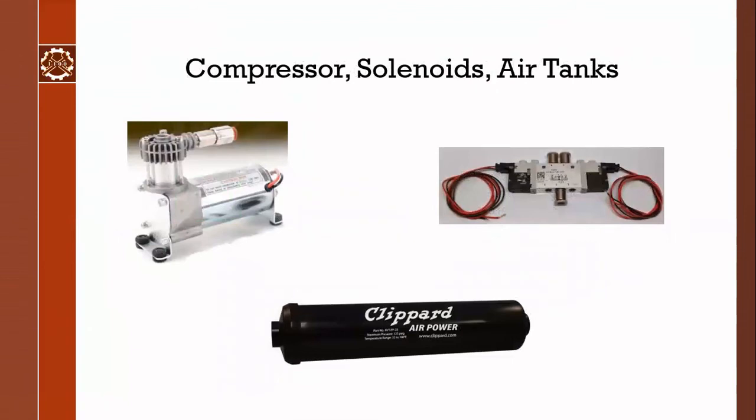We're not going to go too deep into compressors, solenoids and air tanks, but there are critical things we thought would be good to mention, as they deal with the air pressure, storing air, and diverting air depending on what you need. Like I said, all of these things are plugged directly into the PCM.